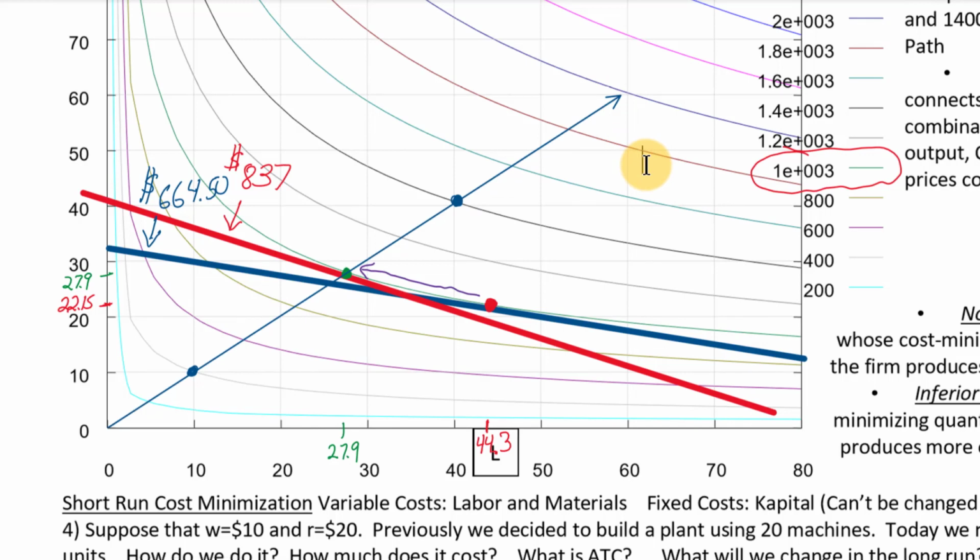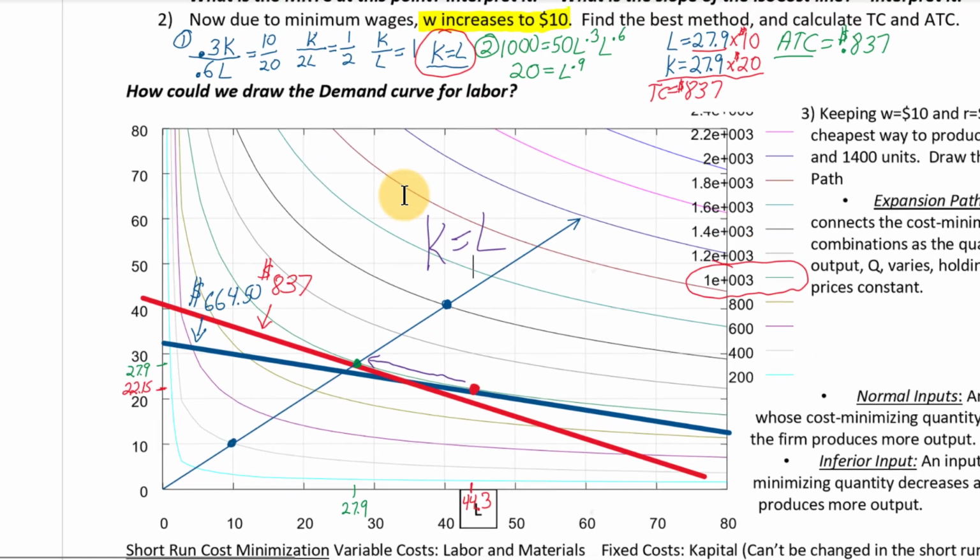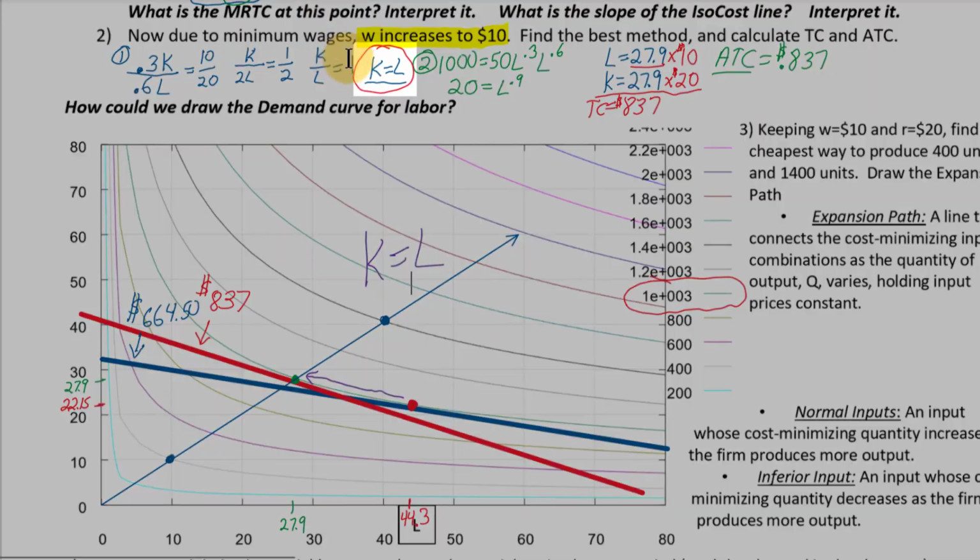If you want to visualize the optimal combinations of capital and labor as you expand output, then in this case, with a Cobb-Douglas, it's just going to be a straight line. And what's the equation of that straight line? It's just K equals L. That same equation that we simplified up here for our equation 1.